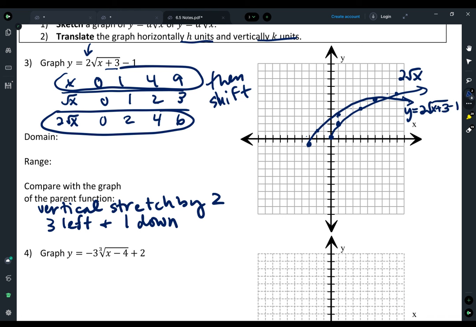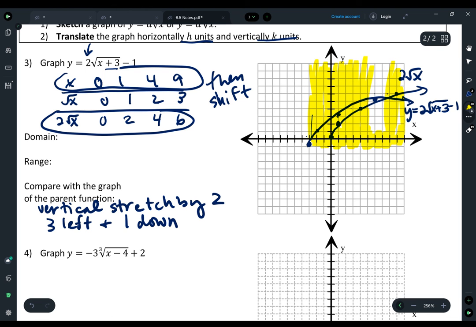So there's our parent function. Well, it's not really a parent function, but there's the function where we've just vertically stretched it, and then there's our shifted one. Our domain this time is really interesting. So my domain, I can see that my graph is now in this region. Because I've shifted it, it's not just going to be greater than 0 this time, is it?